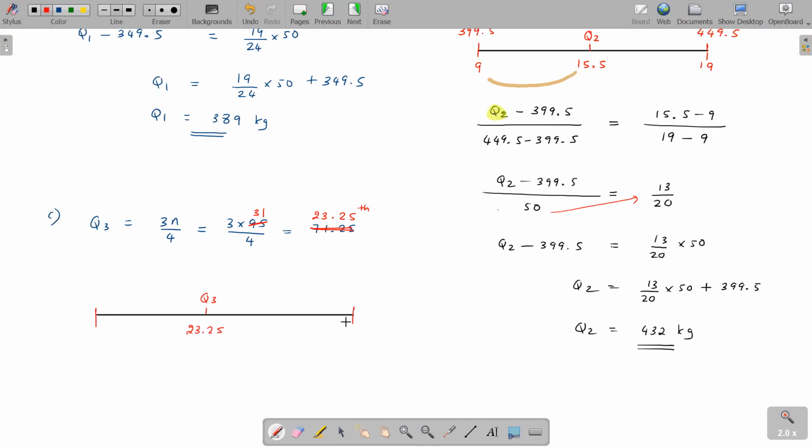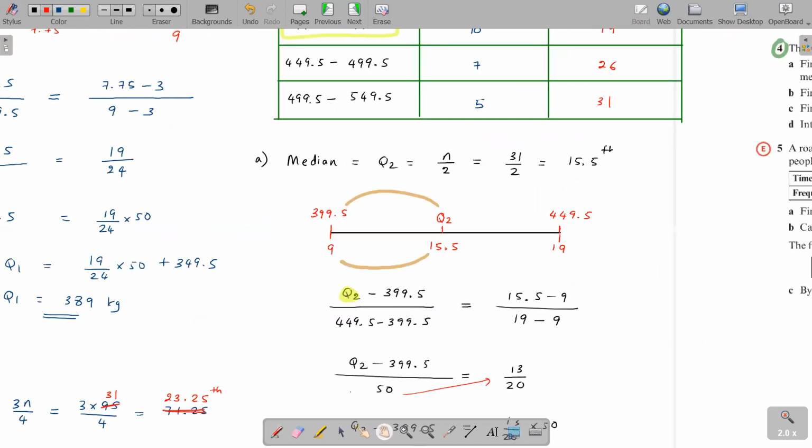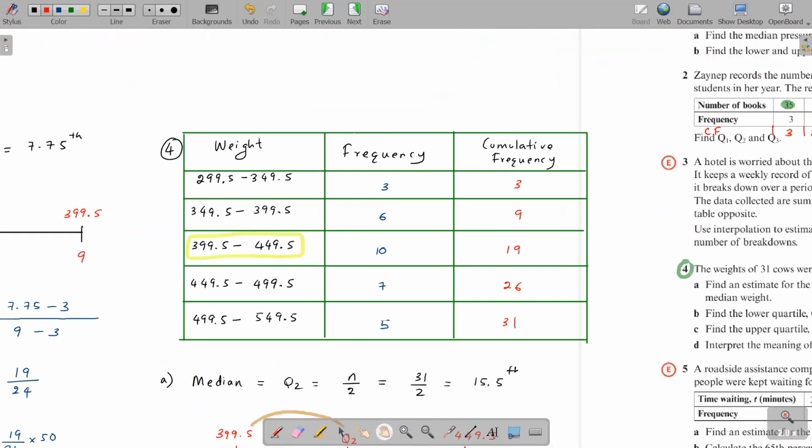Now let's find the interval that Q3 lies in. So 23.25, let's try to find the value 23.25 from the cumulative frequencies. 3 is lower than that, 9 cumulative frequency is lower than that, 19 is lower than 23.25. The first cumulative frequency, 26, is the first one to pass 23.25.